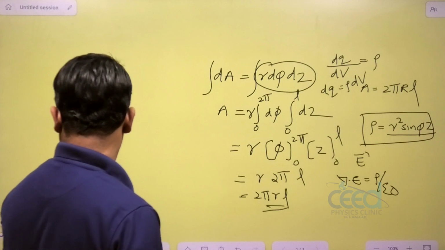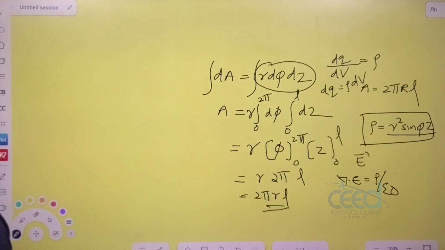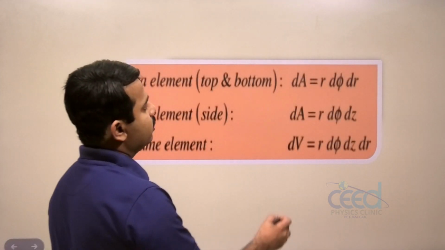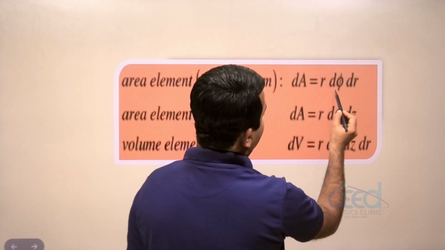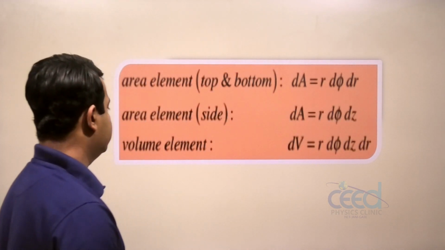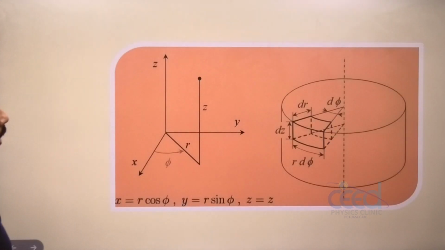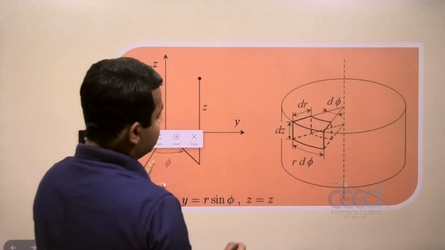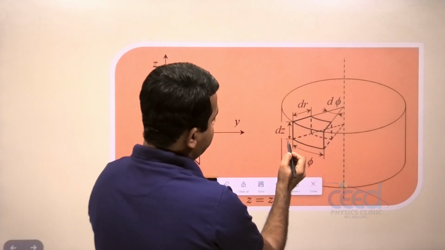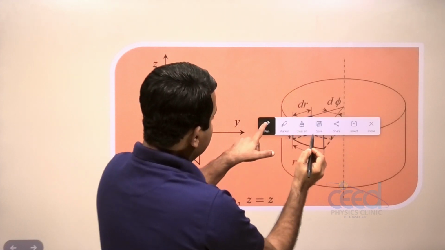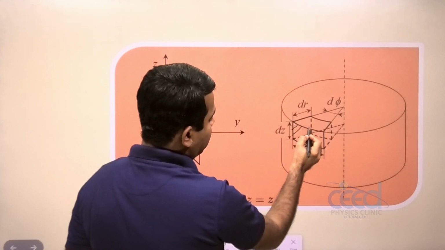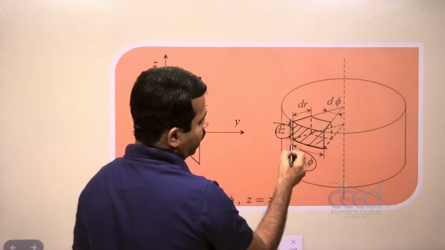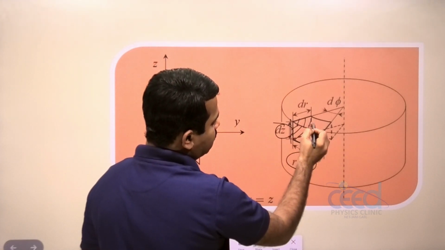Alright, now let us go back. As we have seen, this areal element is r d phi dr or r d phi dz. Look here, mainly we use this area. If we discuss this area, r d phi dz, length into breadth, what is this area?